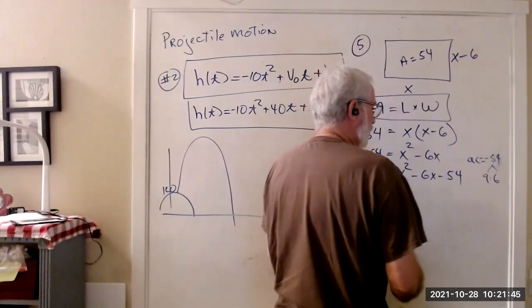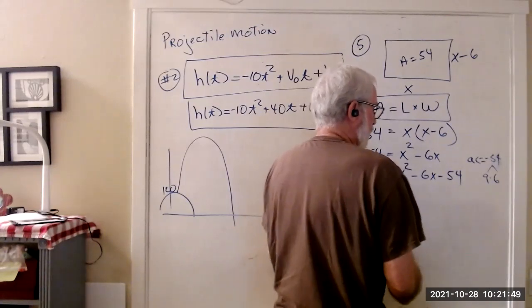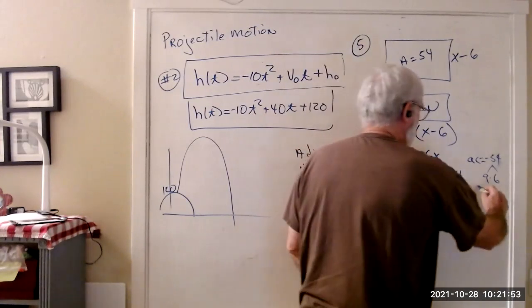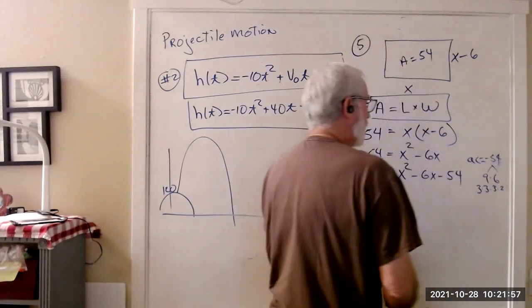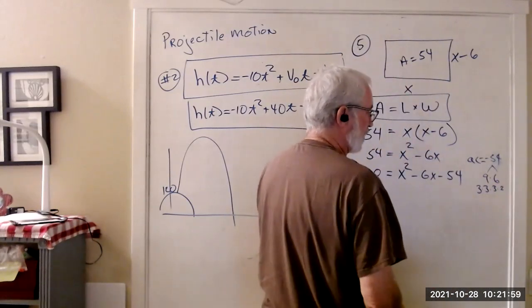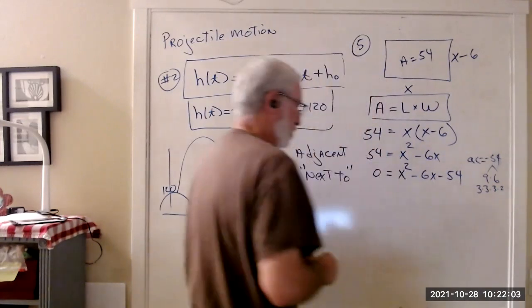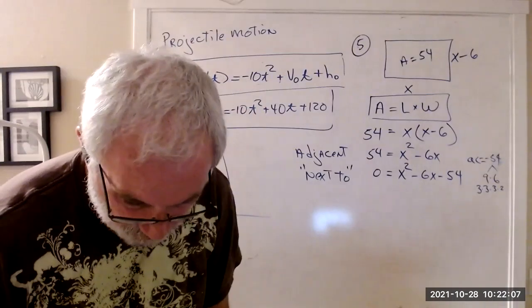Can I do anything else? Or do I just go to the quad formula? See, that's what you guys have to decide. That's 3 times 3 times 3 times 2. Nah, there's no way I can put that together. So I would say factoring fails. Okay, factoring fails on this one.